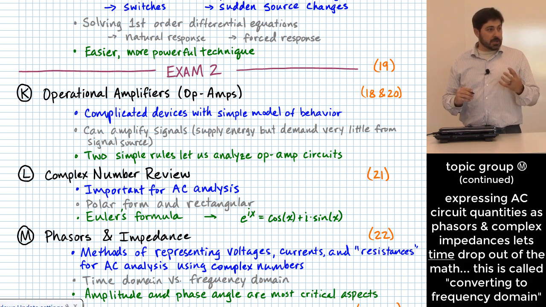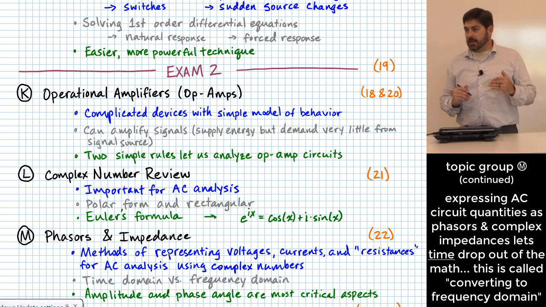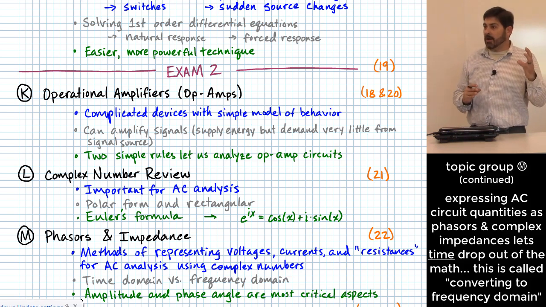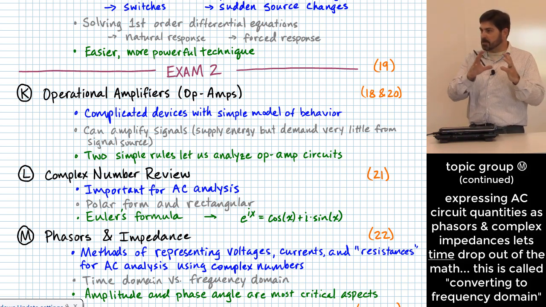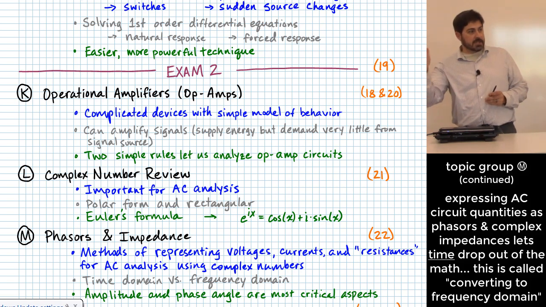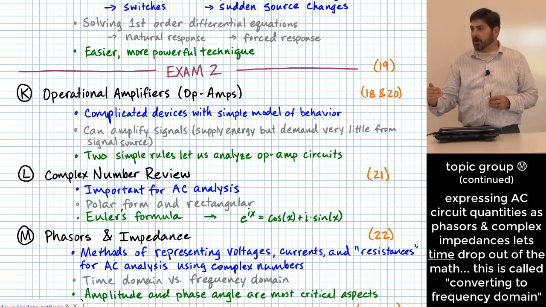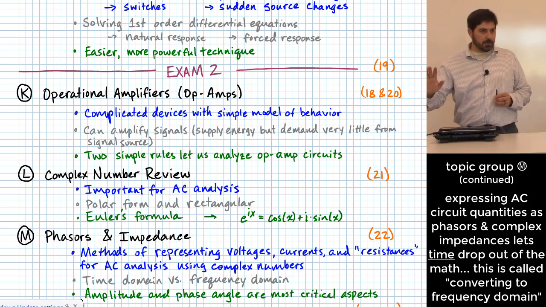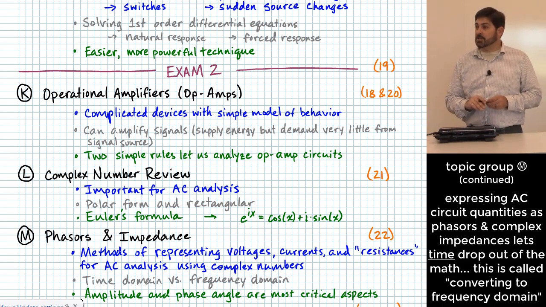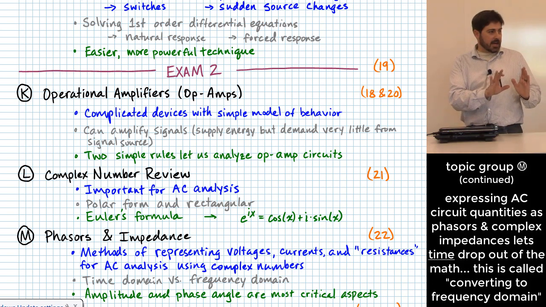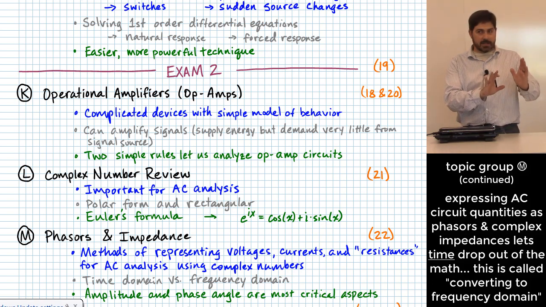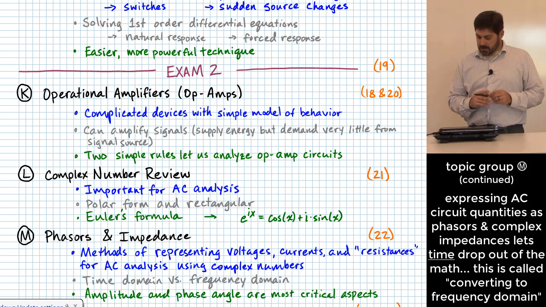And so one of the things we're going to talk about when we get to that point is time domain, where we do have time factors in our various expressions, versus frequency domain. Frequency domain essentially allows you to drop time out of your mathematical expressions. So this whole process of going to these complex numbers, one of the ways that people describe that is by essentially converting to frequency domain. And that allows us to not have to deal with time directly. Does that make sense? All right.